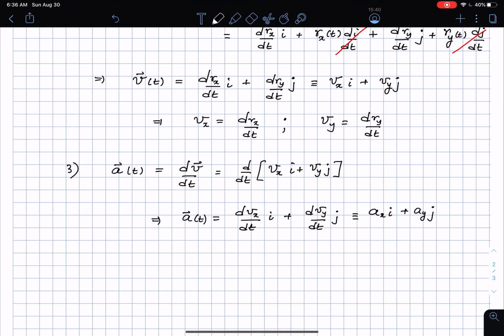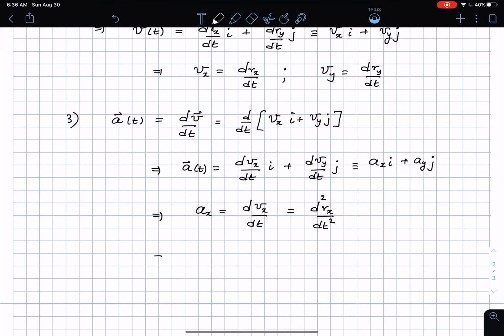From this it is straightforward to see that ax is equal to dvx by dt, but since vx is drx by dt, this is also the second derivative, d square rx by dt square.